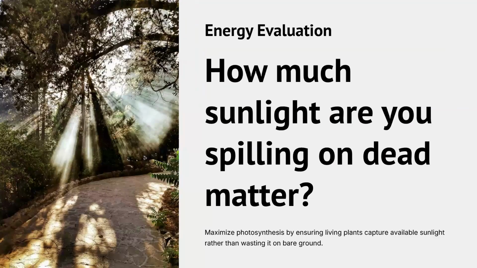And what it comes down to is, how much sunlight are we wasting? How much sunlight are we spilling on dead matter? So it's great to cover our soil with a mulch.